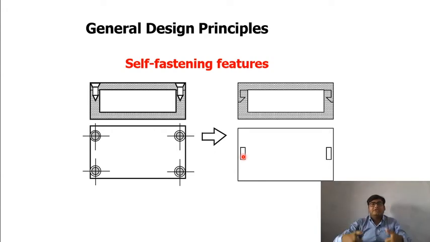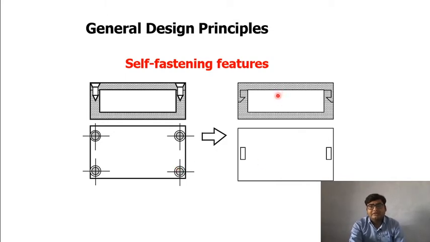By just pressing it we can fasten the cover. So here in this base you want to mount this cover plate. For that you need to fasten these 4 screws. So for one cover plate you need to fasten 4 screws, and it will take time.